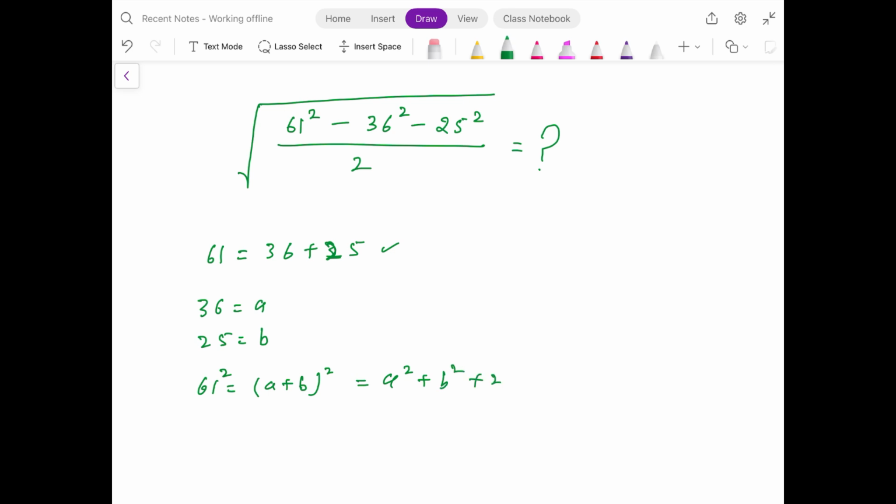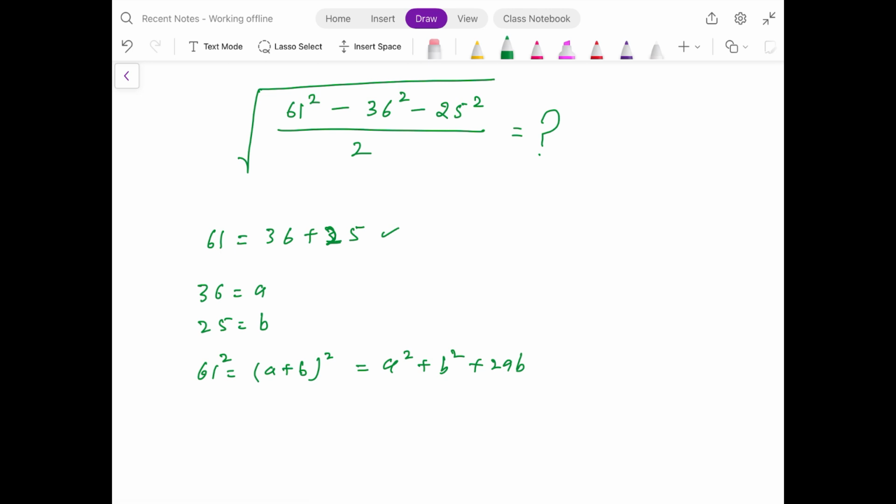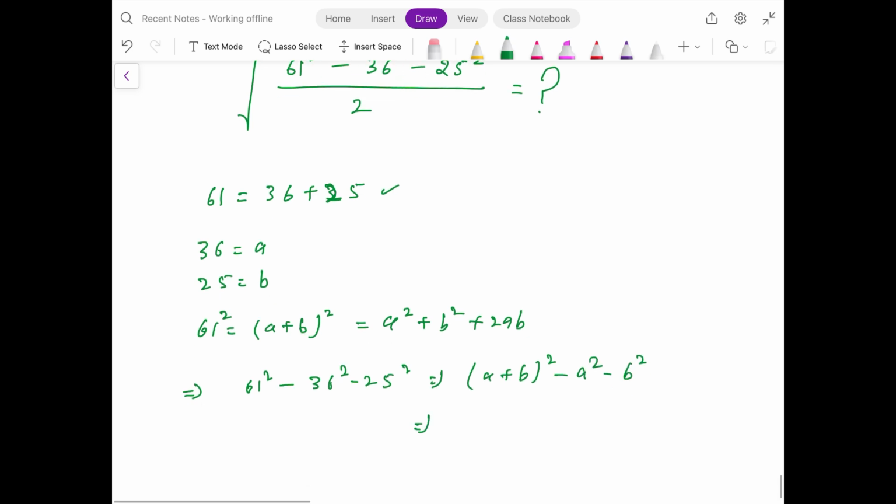square plus 2AB. And in fact, in the question, inside the square root, we have 61 square minus 36 square minus 25 square, which means it is nothing but (A plus B) square minus A square minus B square. So if we use this identity, (A plus B) square can be written as A square plus B square plus 2AB, then minus A square minus B square.